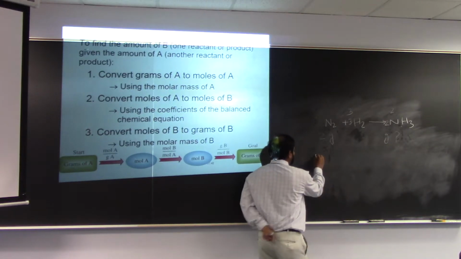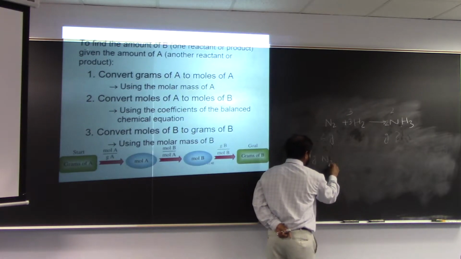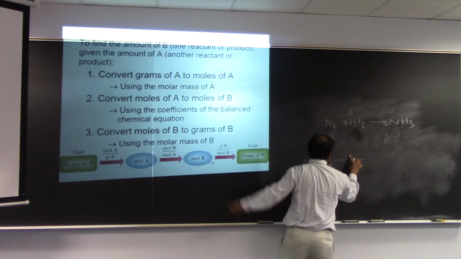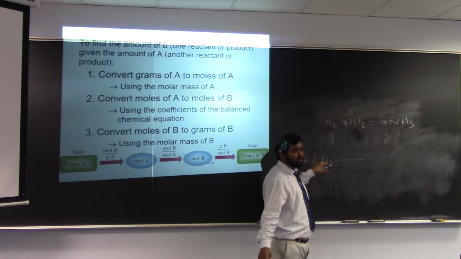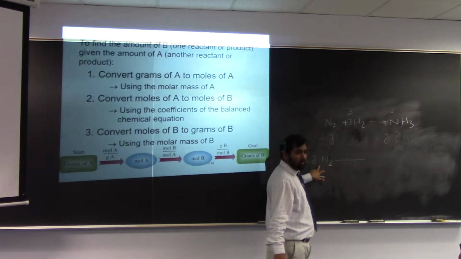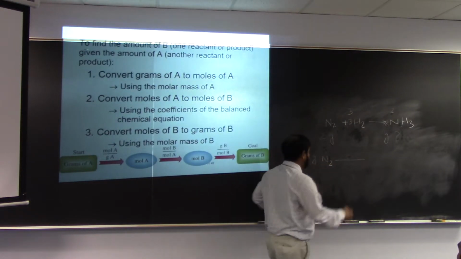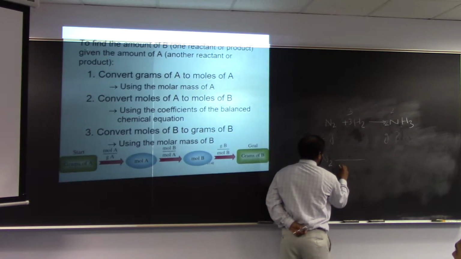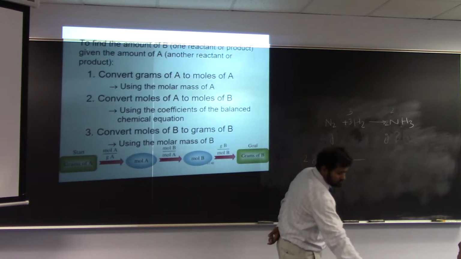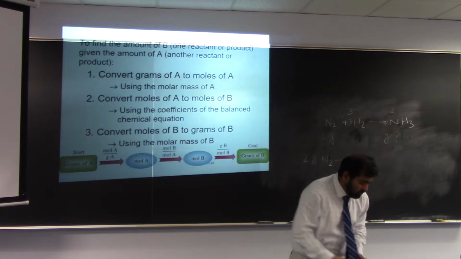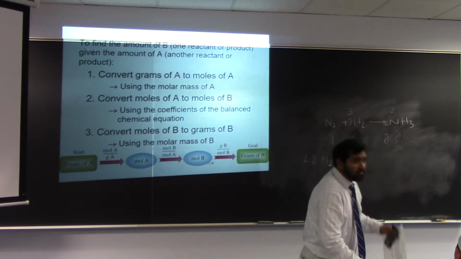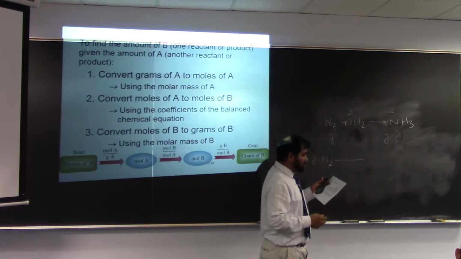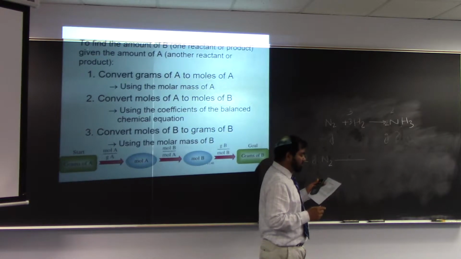So I have 2 gram of nitrogen. Step 1, I need to go gram to mole of A. This is the mole of A that is starting off. So nitrogen molar mass. Molar mass of nitrogen, look at the periodic table. As I said, one digit of a decimal is 5.